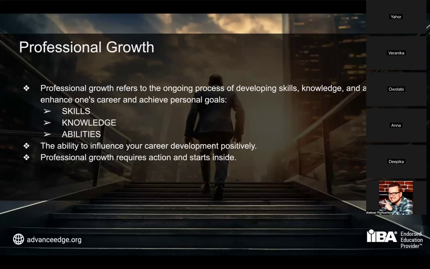This development of your skills, whether hard skills or soft skills, doesn't necessarily happen naturally and over time on its own. It requires effort and starts from the inside, from your decision to grow professionally and to make some effort to develop your skills.